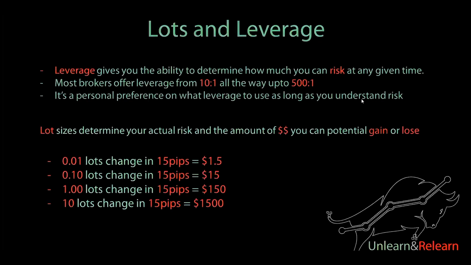What this means is if you have a higher leverage, now you can risk a lot at any given time. But when you have a lower leverage, this means you cannot risk your account as much. So let's say, for example, you have 10 to 1 leverage, right? At any given time, you can risk up to 10% of your account.